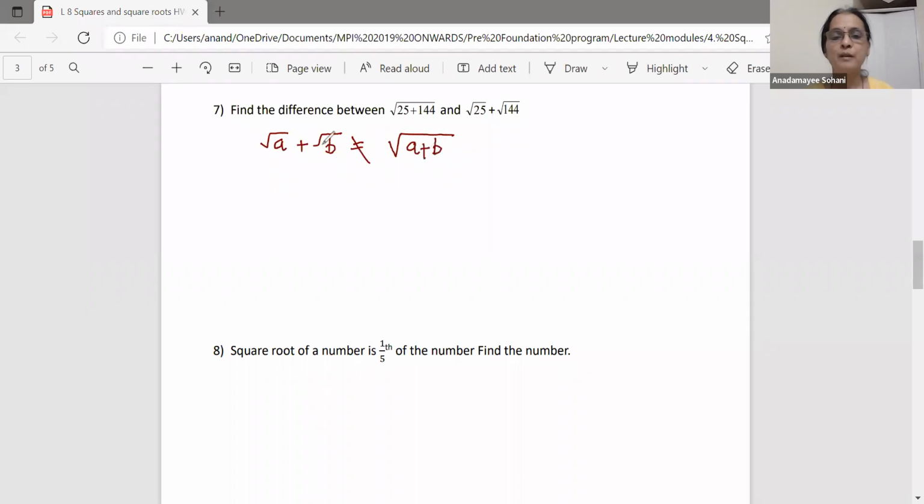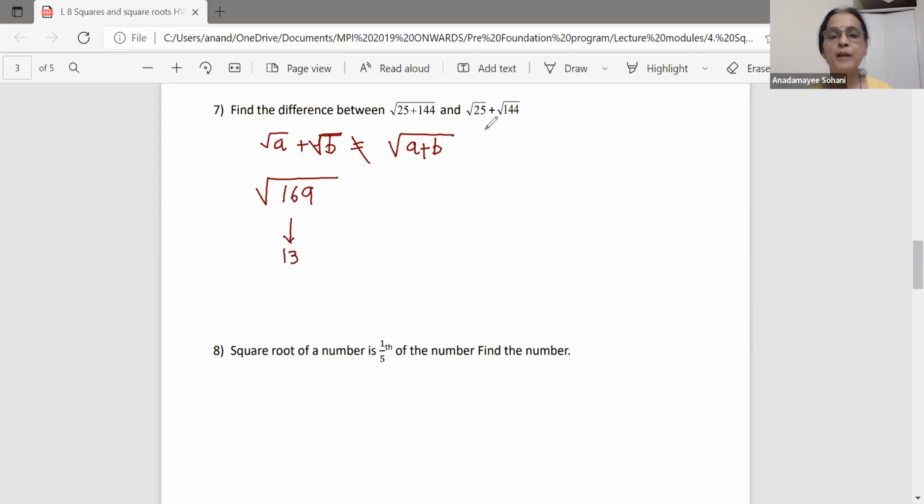Square root of a plus square root of b is not equal to square root of a plus b. This is what we are going to demonstrate. So what is square root of 25 plus 144? 144 plus 25 gives me 169. And square root of 169 is 13.